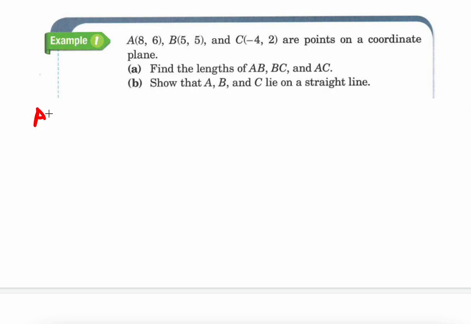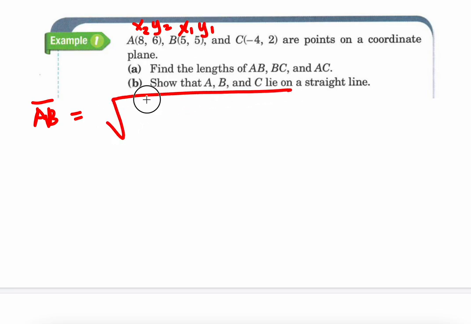All right, let's figure out AB. So that means I'm only using A and B. Let's make this x2 and y2, x1 and y1. We're following the equation, which says that it's x2 minus x1. Remember, it doesn't really matter the order, but you do want to make sure that it is the same, okay?